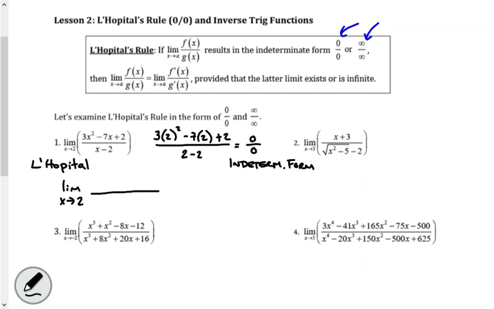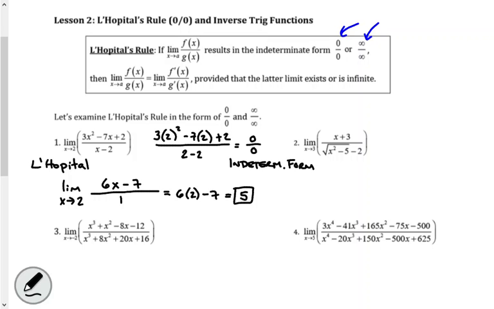So now we can take the derivative of the top, which is 6x minus 7, and then take the derivative of the bottom. We're not doing quotient rule, we're just taking the derivative of the top and then the derivative of the bottom. The derivative of the bottom is 1, and I can plug 2 in now, and 6 times 2 minus 7 is 5, right? So the limit of this is 5.